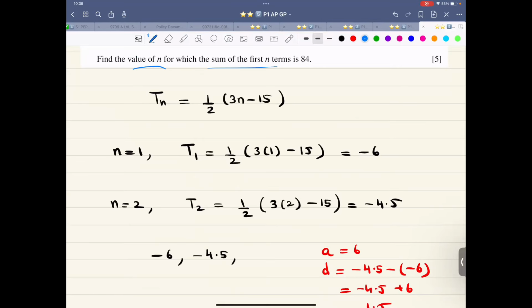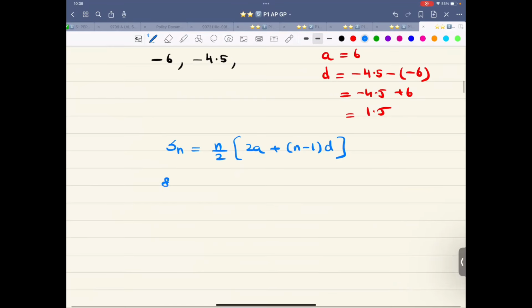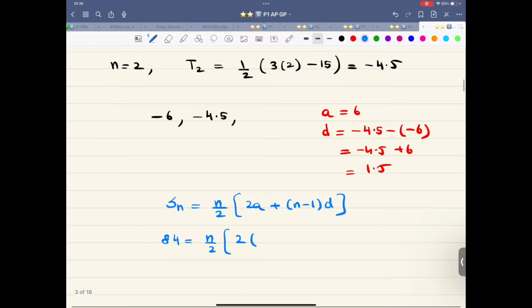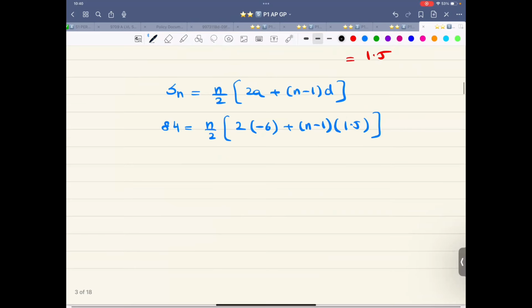Find the value of n for which the sum is 84. So Sn is n divided by 2, 2a plus n minus 1 into d, 84. a is negative 6, let me just write it correctly. There is a negative over here. 2 into negative 6, plus n minus 1 into 1.5. Simplify it further.